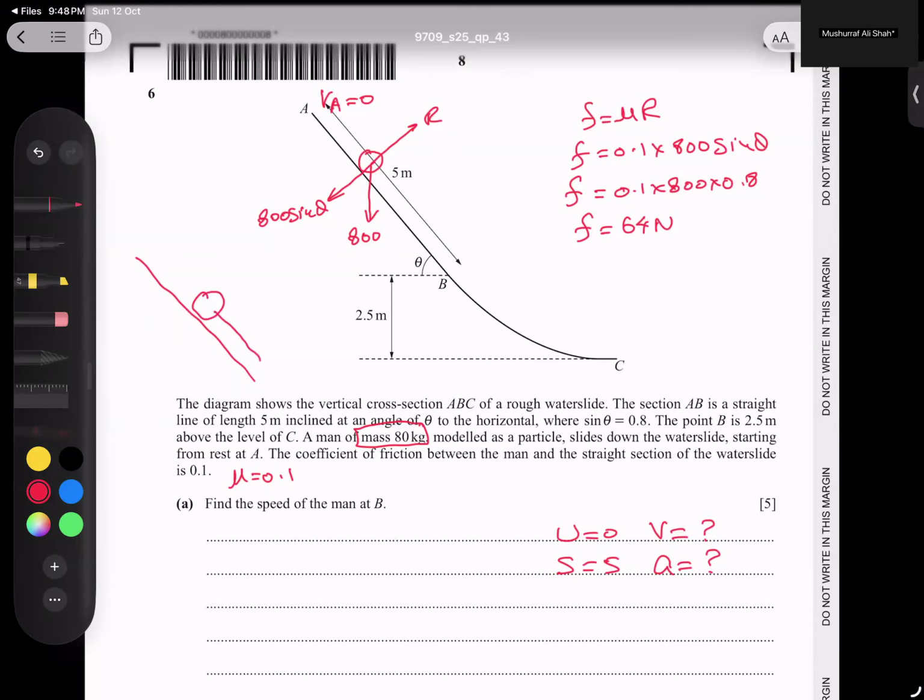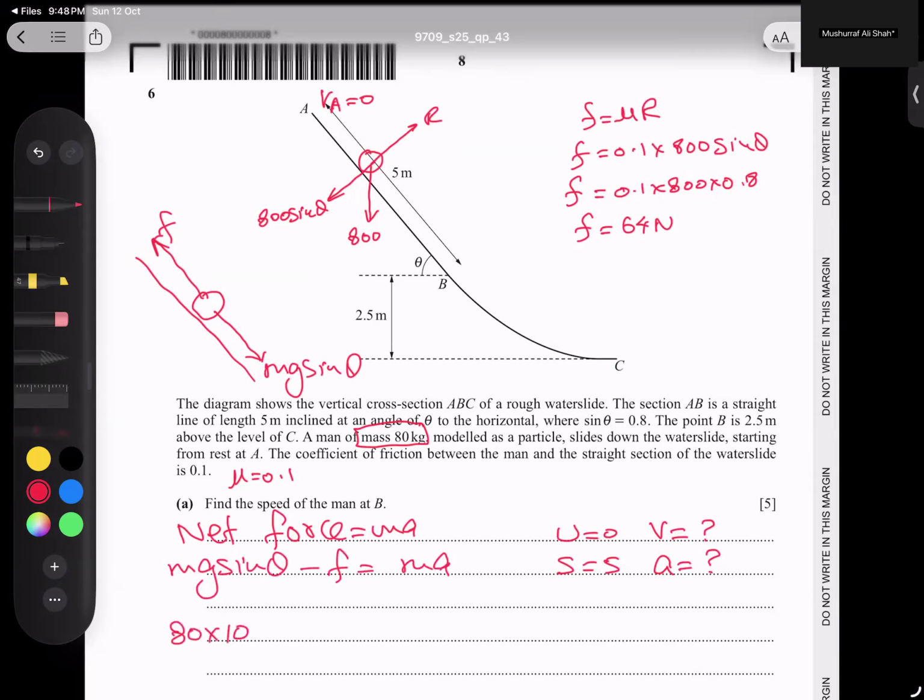What is this? mg sine theta. What is the backwards? Frictional force. So net force is equal to ma. So mg sine theta minus friction is equal to ma.